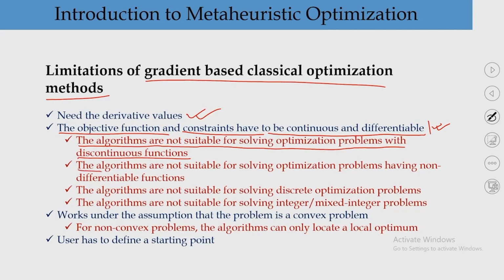The second limitation is that the algorithms are not suitable for solving optimization problems having non-differentiable functions. If your function is continuous but non-differentiable, you will not be able to apply these algorithms.